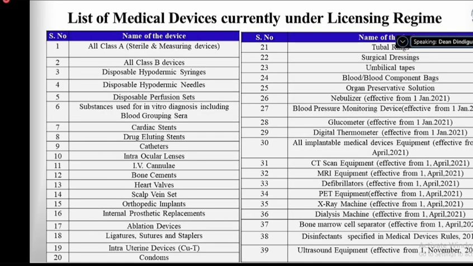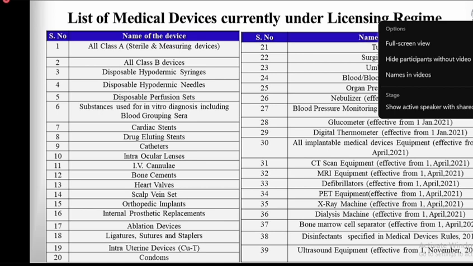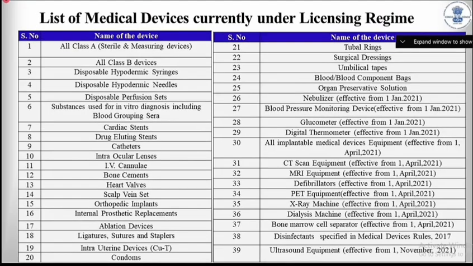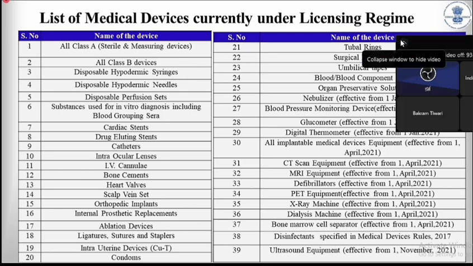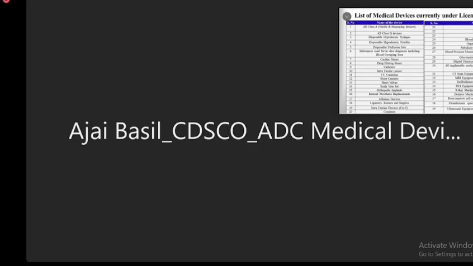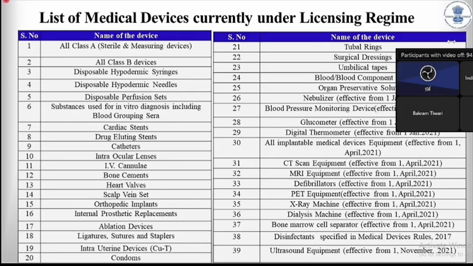This slide is on the list of medical devices. If you see the slide from serial number 3 to 39, these are the devices which are notified from time to time by the government. These include devices up to organ preservative solution, which is serial number 25.